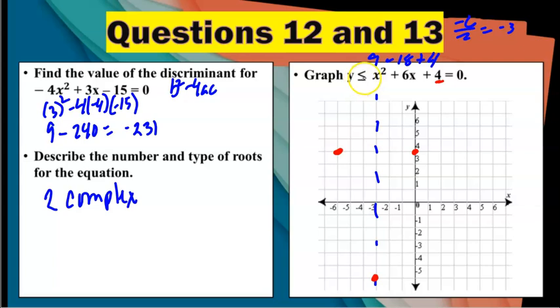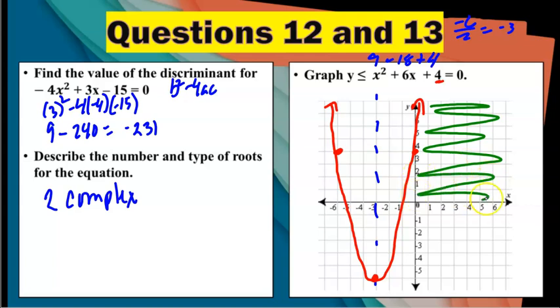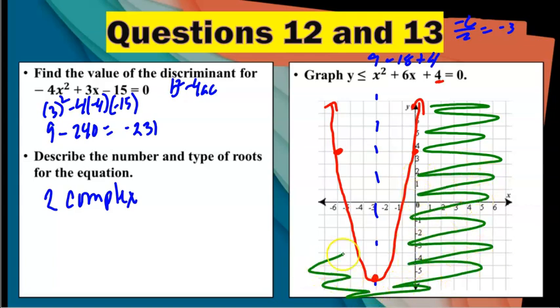It has the equal to symbol, so that means I know it's going to be a solid line. And now all I need to do is determine where I shade. And the shading is going to be, since the y has to be less than the line, everything below or on the outside of our quadratic.